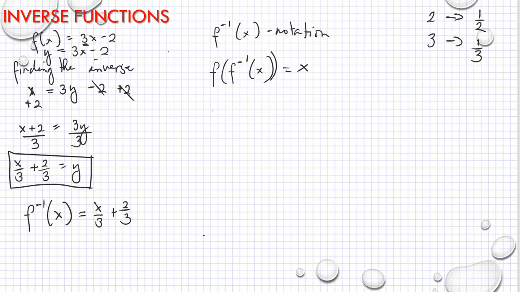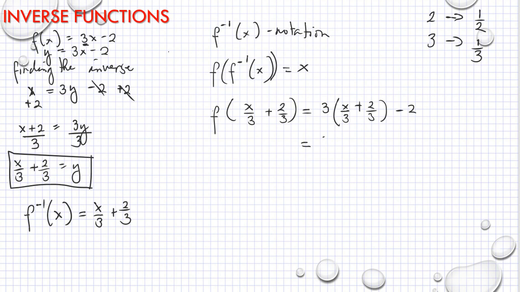We're going to prove that this one is also equal to x. So if I have f of the inverse of x, we have x divided by 3 plus 2/3. And then we have 3 multiplied by our x, which is x divided by 3 plus 2/3, minus 2.